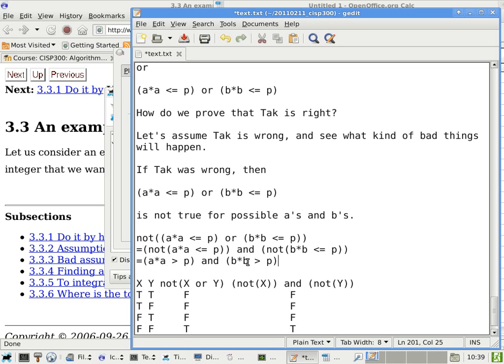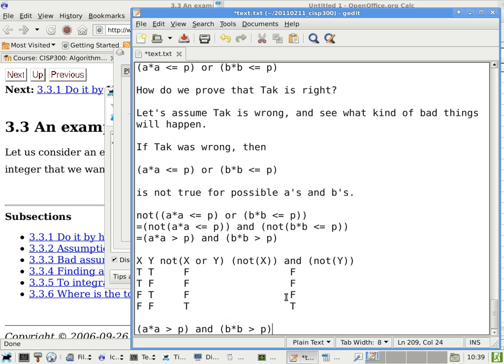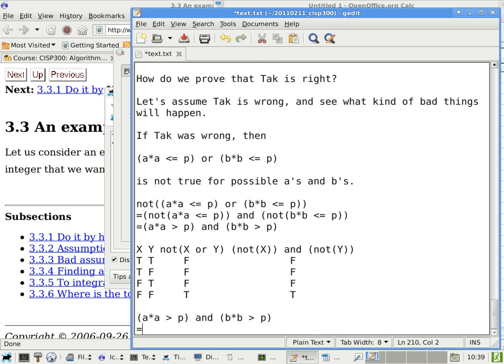So what is so special about this statement? Well, let's think about this. If A times A is greater than P and B times B is greater than P, what about the product of A times A times B times B versus P times P? Doesn't this imply that A times A times B times B is greater than P times P?